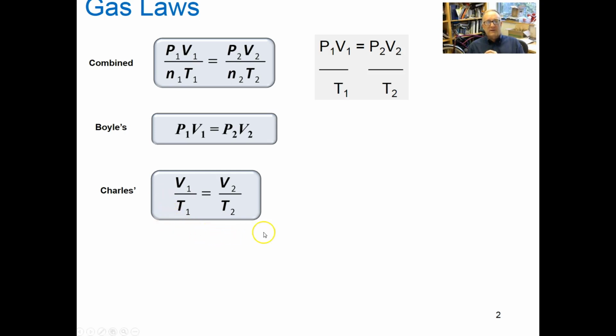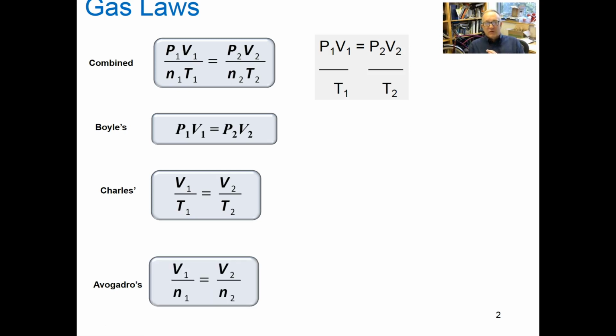That's Charles's law. Avogadro's law says you're holding pressure and temperature constant. So if you're changing the number of moles, the volumes are going to change proportionately. So V1 over N1 is equal to V2 over N2. That's Avogadro's law.